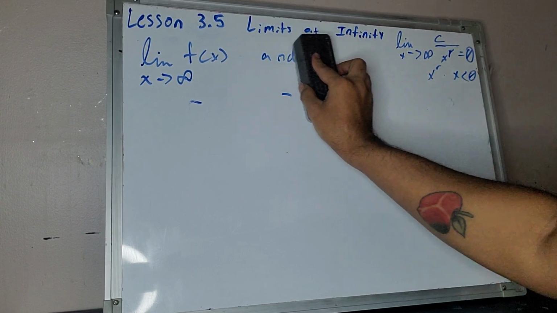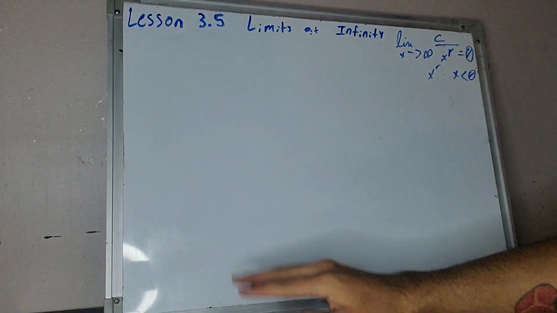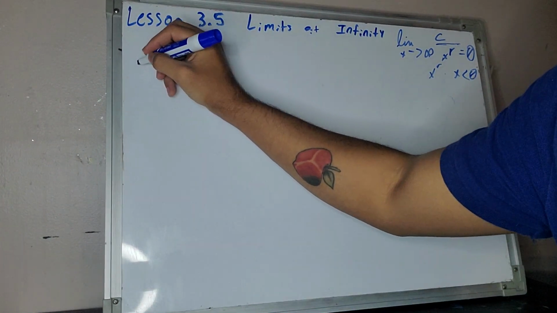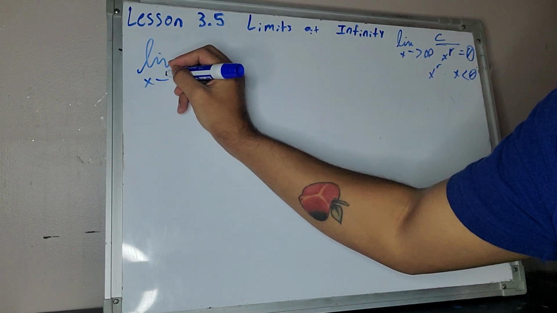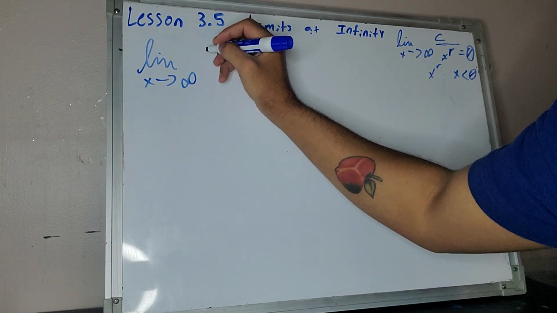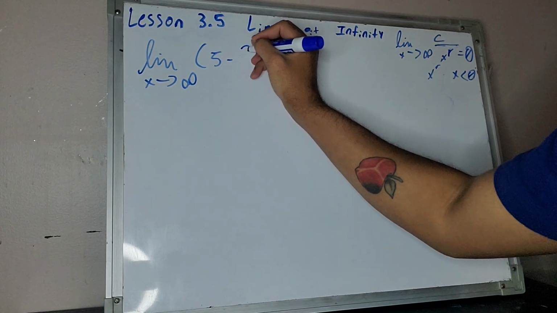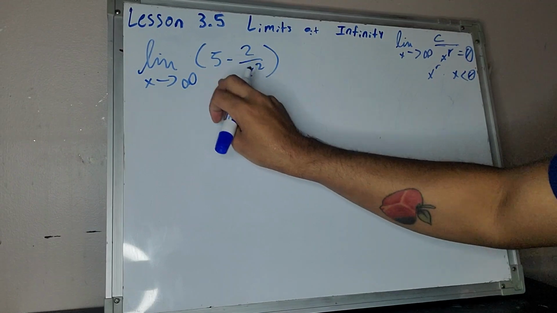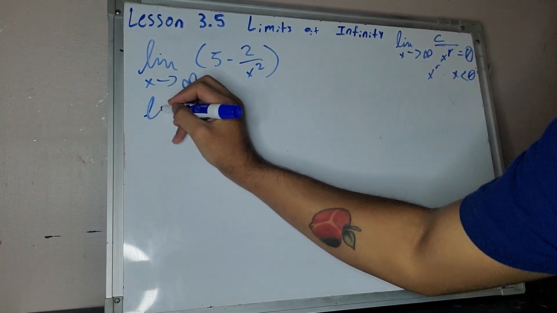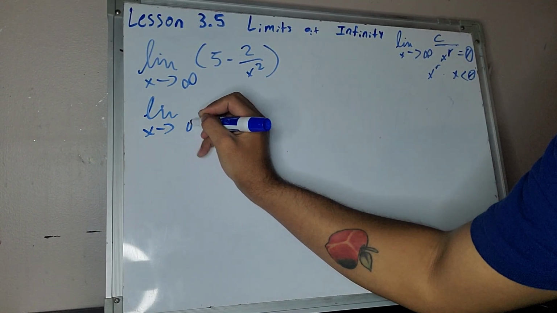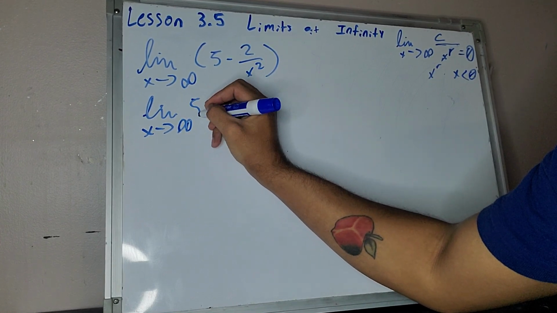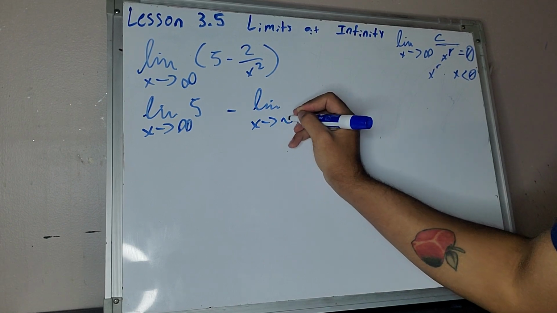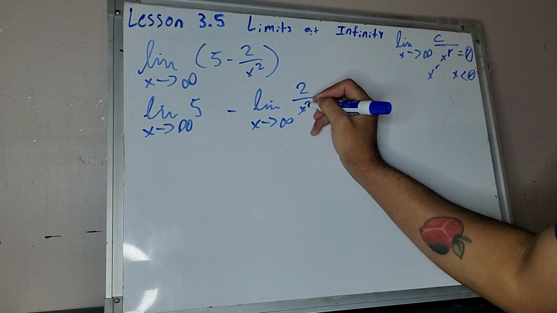I'm going to use the example from the slides in order to show off these rules and properties. So by finding the limit as x approaches infinity of 5 minus 2 over x squared, we could see that we have the ability to separate these into the limit of 5 minus the limit of 2 over x squared.